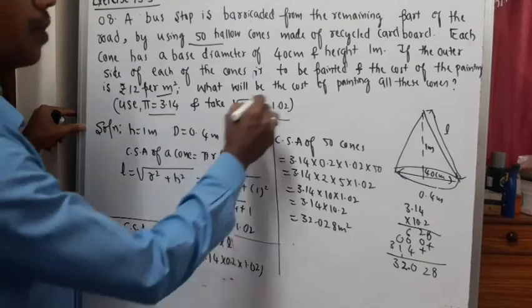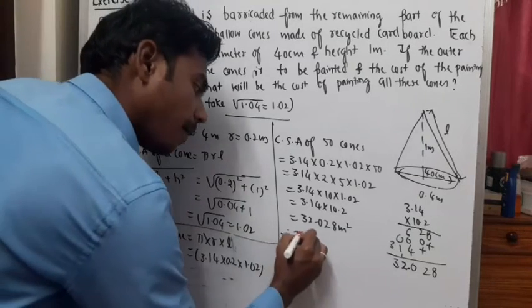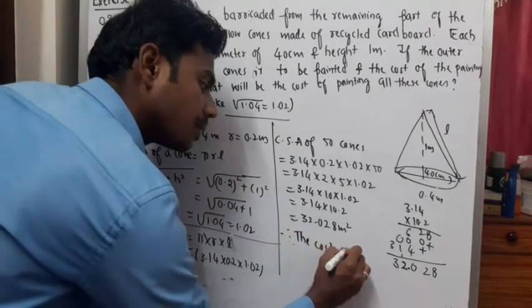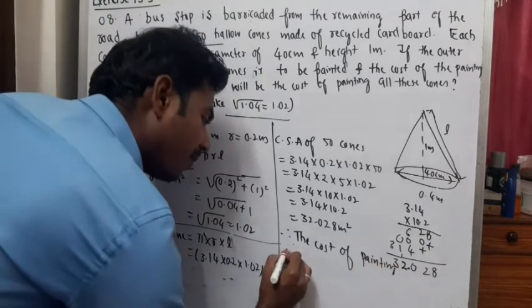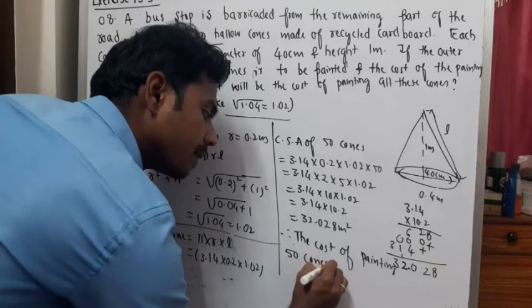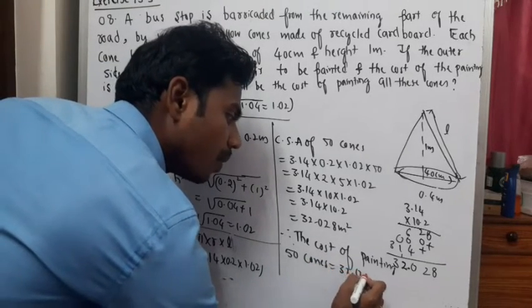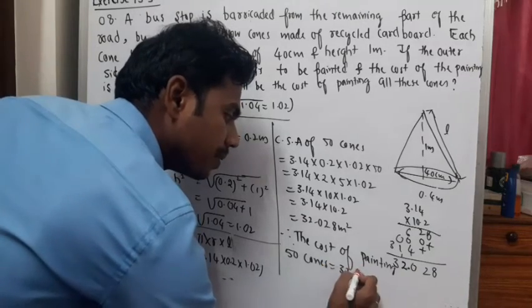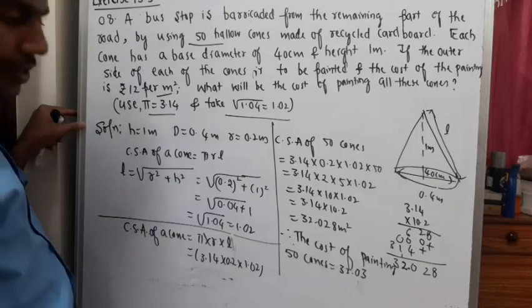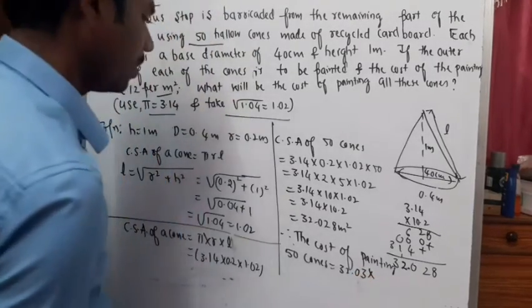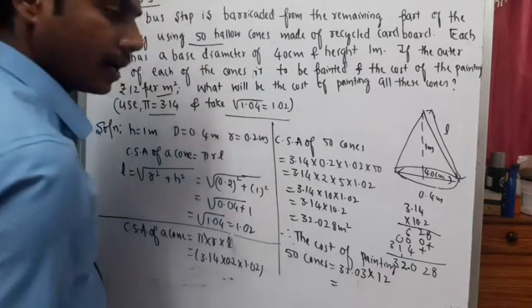What we need to do? What will be the cost? The cost of painting 50 cones is equal to 32.028, which can be written as approximately 32.03 into 12. 12 3s are 36.